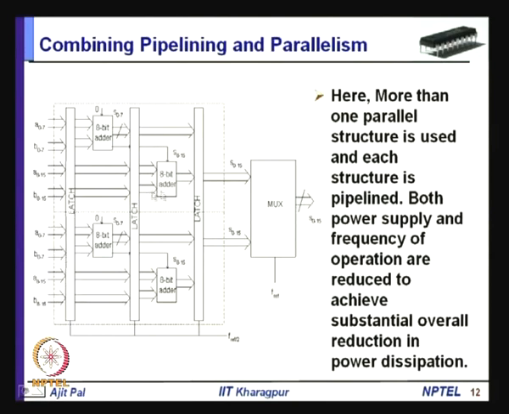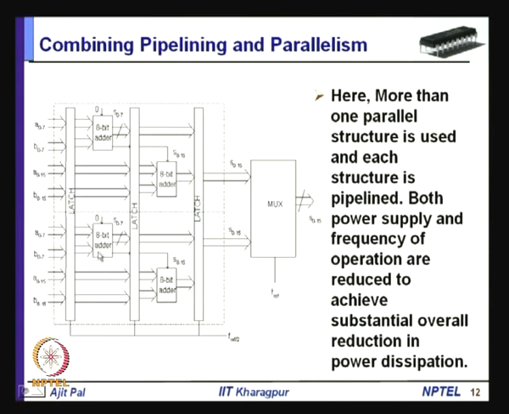So, we have got two 16-bit adders, each of them is pipelined, and in such a case obviously you will require two 8-bit adders in the first stage and two 8-bit adders in the second stage, and you will require a multiplexer as you require in case of parallel implementation to take the output here.